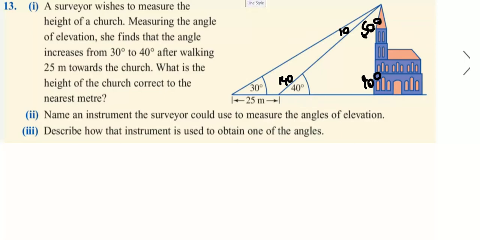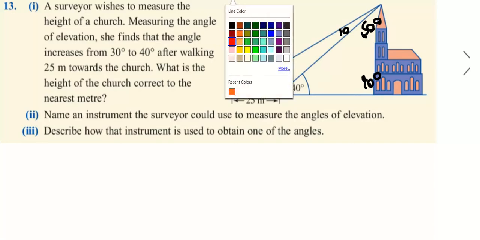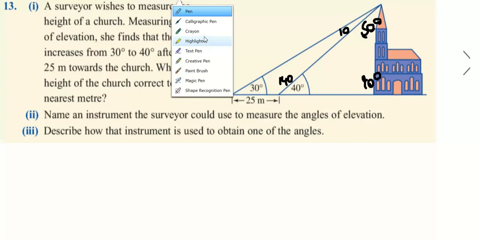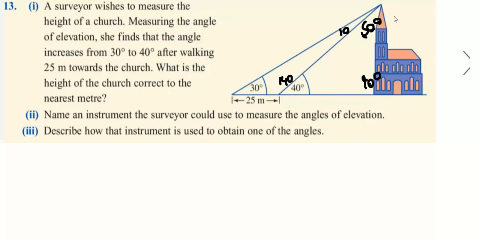Now, what does it want from me? It wants the height of the church. So the goal of the question is to find out the height of the church. Can anybody tell me what's the most important line in this question? There's one line that's the most important line. Now, it's not the height of the church, okay? I'll highlight it now.